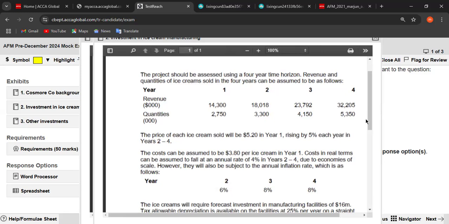So examiner is saying that the cost can be assumed to be this one in year 1, and this cost in real terms can be assumed to fall at an annual rate of 4% in year 2 to 4, but they will also be subject to annual inflation rate, which is as follows. So this is a good understanding.